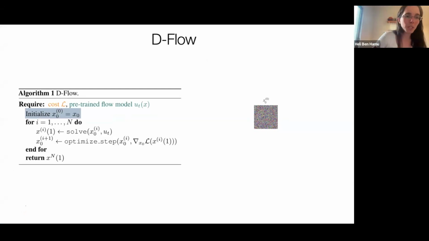Okay, so first, how do we initialize our x0? I think the natural choice would be to choose x0 as Gaussian noise, because that's our source distribution, of course. But we did observe that in cases where we have a lot of structural information in our observed signal, in our y, it was beneficial to use some other initialization scheme, which I'm gonna go over now.